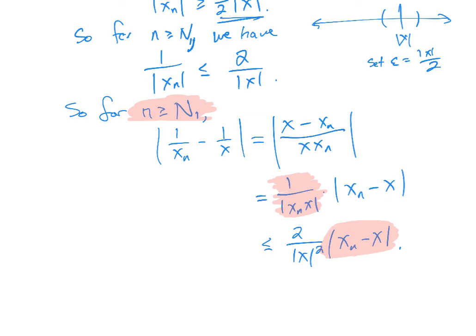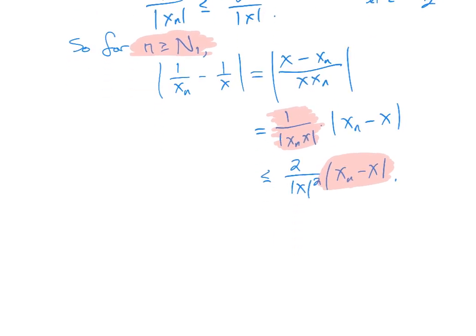It would be less than epsilon times absolute value of x squared over 2.